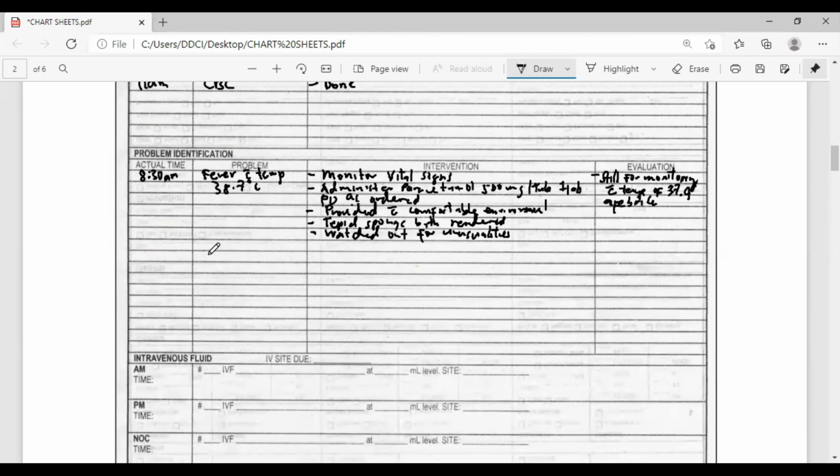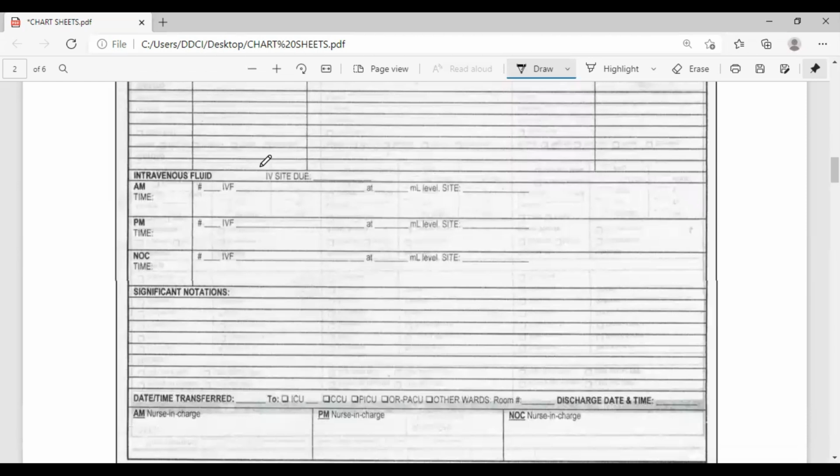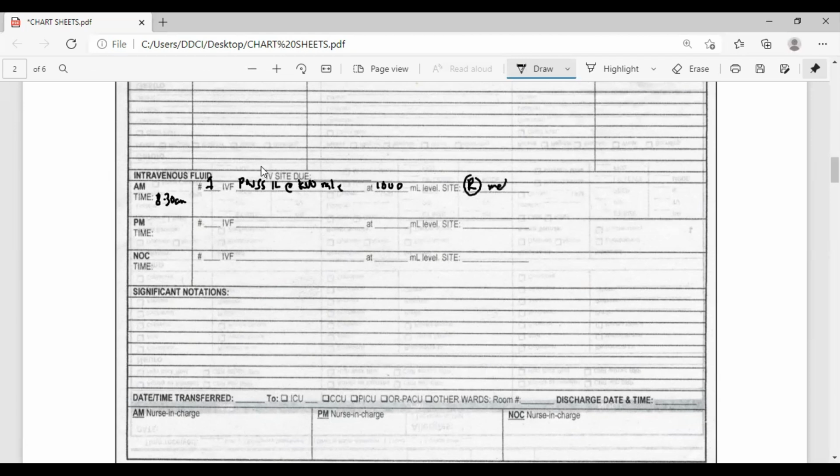Okay, so for the intravenous fluid, we have here time. So what time you received the patient, or you saw the IV fluid of the patient. So let's say around 8:30 a.m. Bottle number, so number one, you have your plain NSS 1 liter at KVO rate, and let's say you saw it at around 1000 ml at site, say right metacarpal vein.